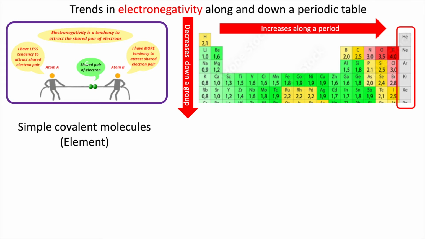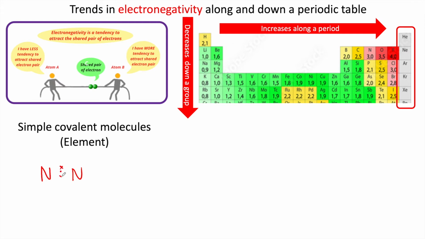So if we first of all look at simple covalent molecules, and we're looking at elements first. If I take nitrogen, for instance, a nitrogen molecule, you'll notice the electronegativity, if it is an element, is the same for both atoms. So they will share the electrons equally, and they will be exactly in the middle.